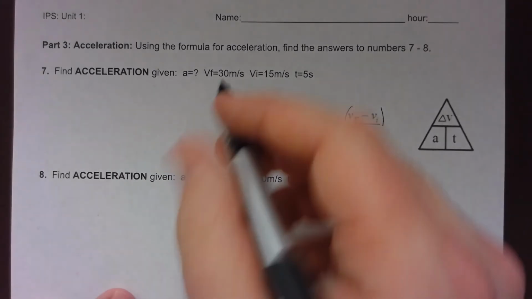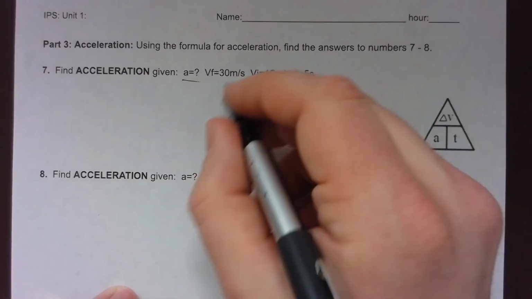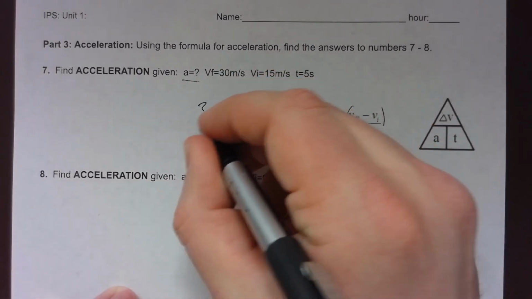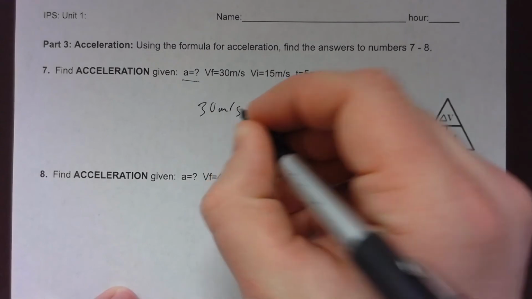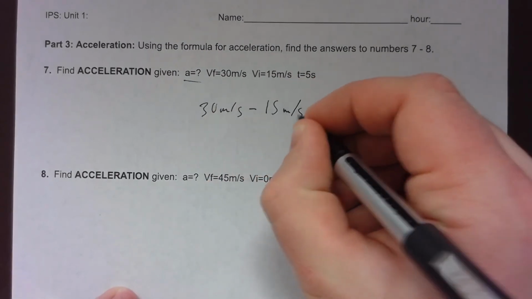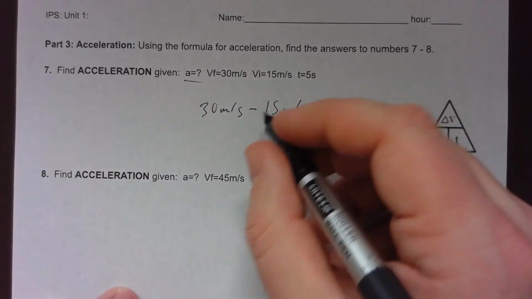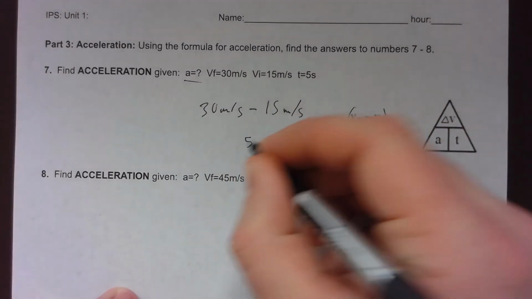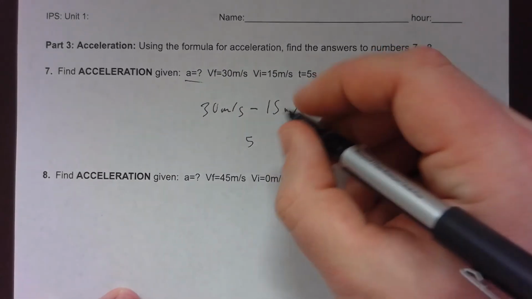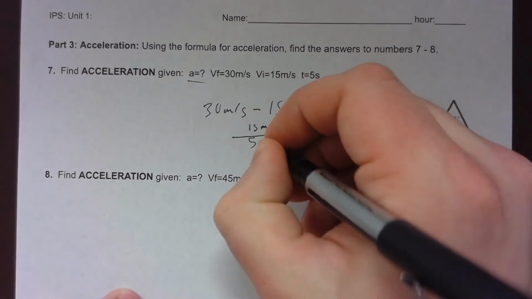So in this case, I have the need to find acceleration. So I have my final, which is going to be 30 meters per second, minus my 15 meters per second, because that's my initial. Final goes first, initial goes second. And then I divide it by 5. So in this case, I have 15 meters per second divided by 5 seconds.